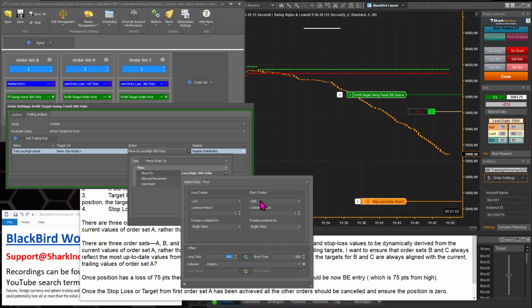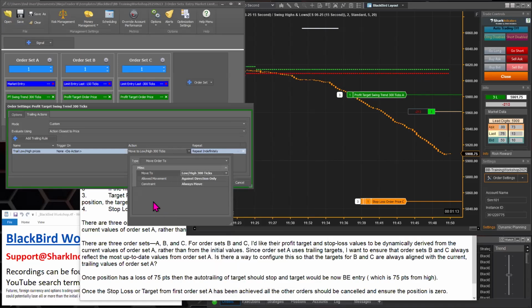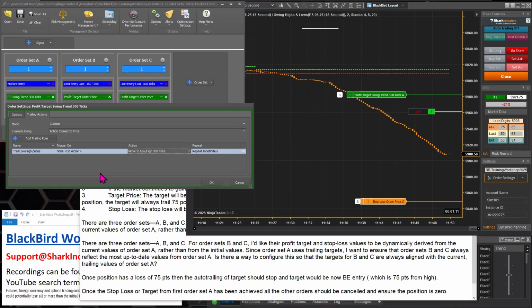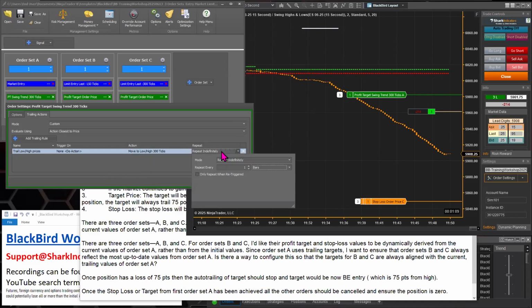And vice versa for a short trade: high price minus 300 ticks. All right, and then the last component for the trailing roll is to decide whether to let the profit target update once per bar, or once per point of movement, or once per tick of movement?